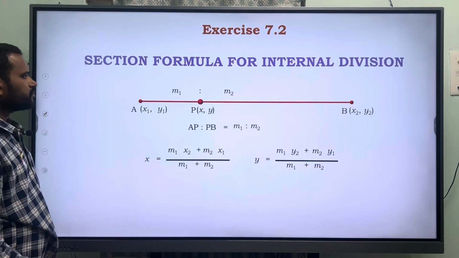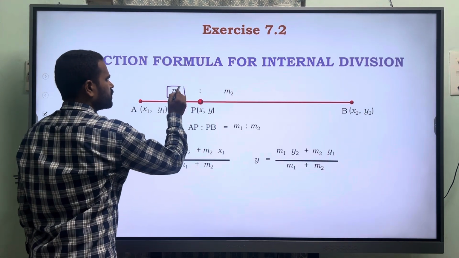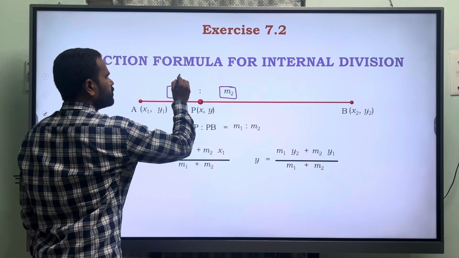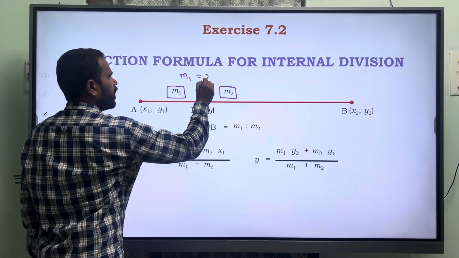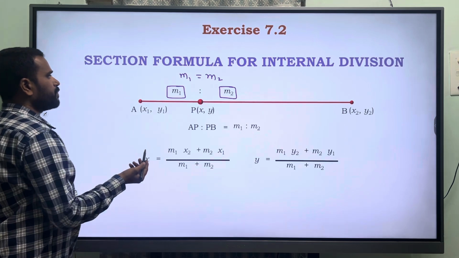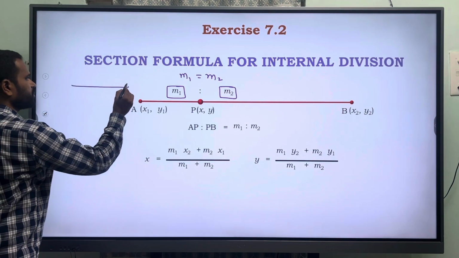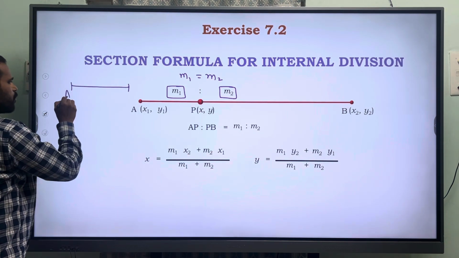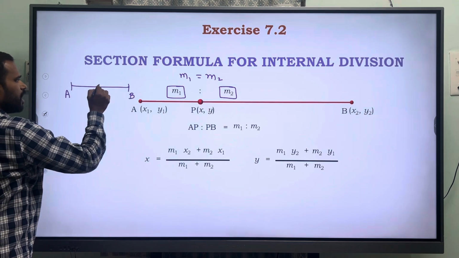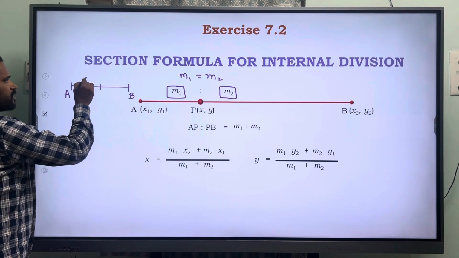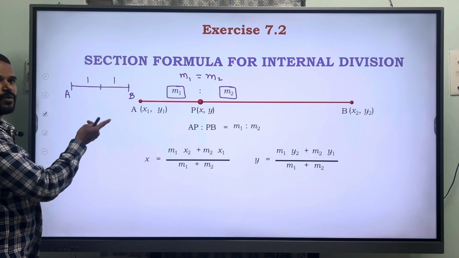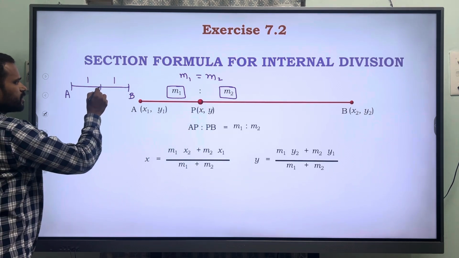Suppose this ratio is equal, what does it mean? m1 equal to m2. This is a special case. Suppose we have points A and B and the ratio is equal, which means the line is equally divided, which means this point is the midpoint.